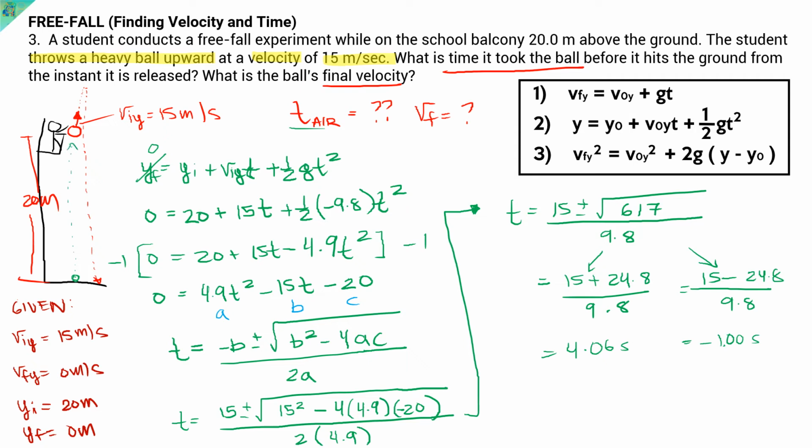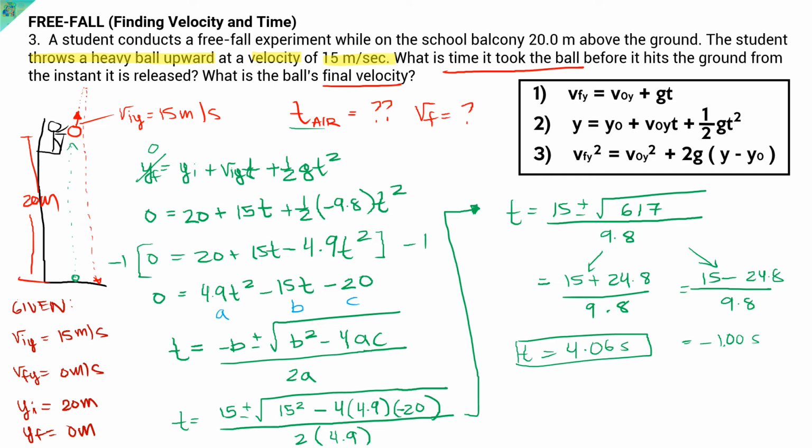That is what negative 1.0 means. Now, in our story here, it makes sense that it started here and then we go from this point up to the ground. So our time in the air would be 4.06 seconds. Okay, that's how you do it.